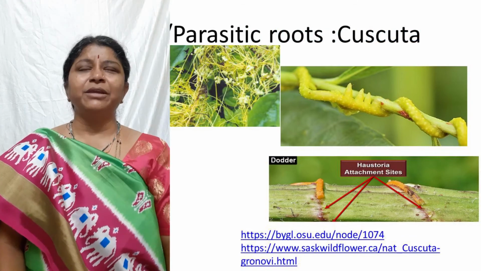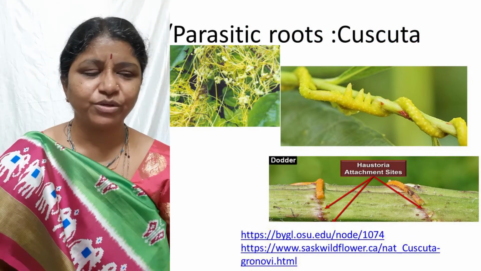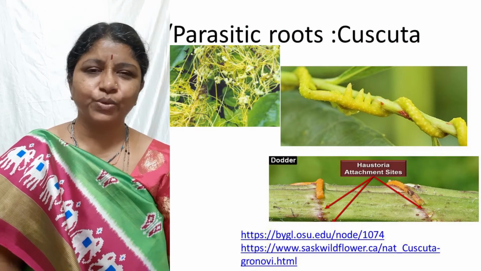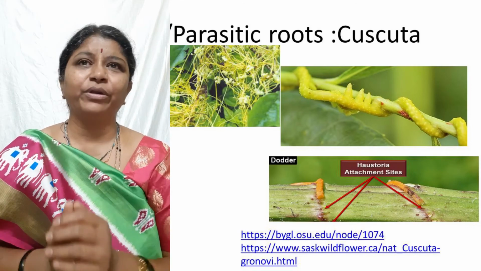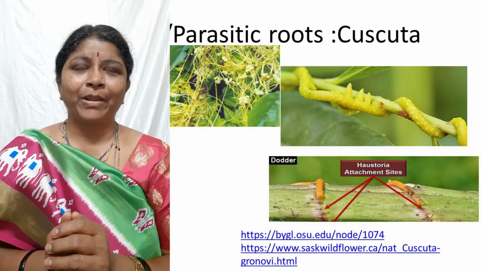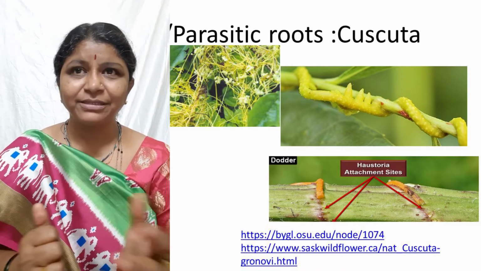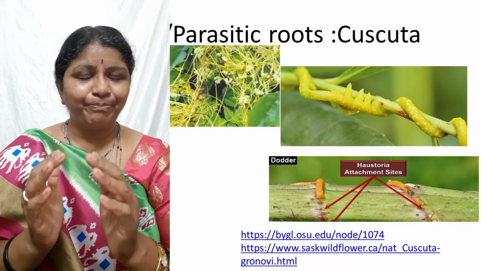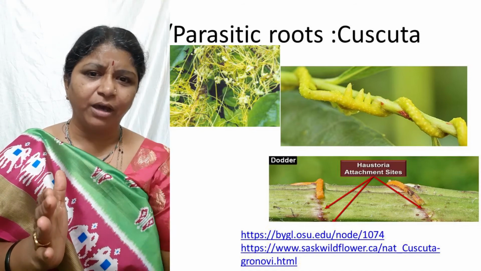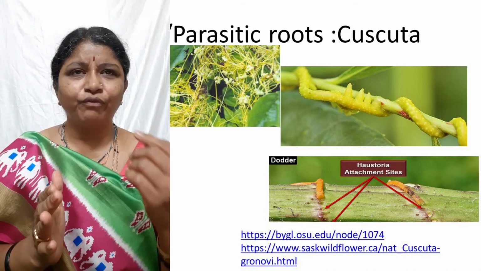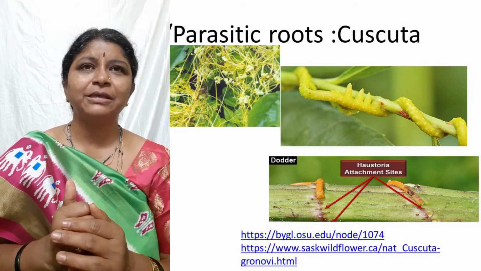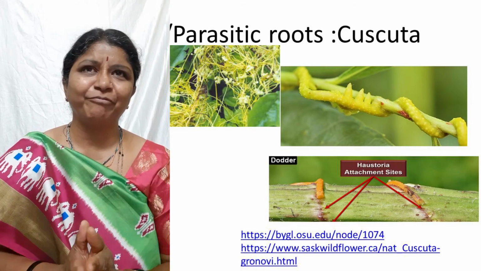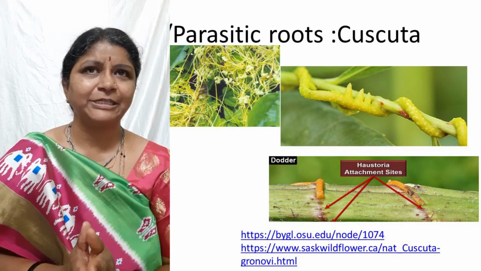And the next important function of root modification is the parasitic roots, or haustoria. What is the important function here? What is a parasite? A plant that depends on another plant for food or water or both, we can consider such a plant a parasite.